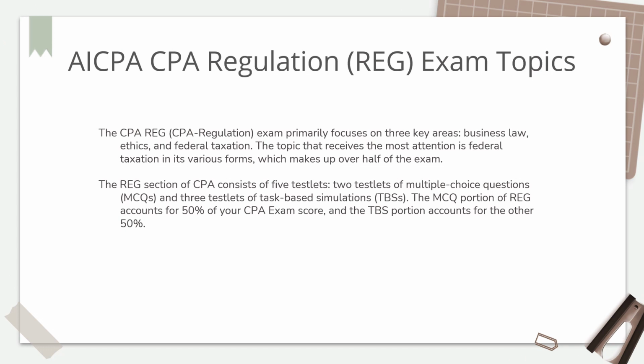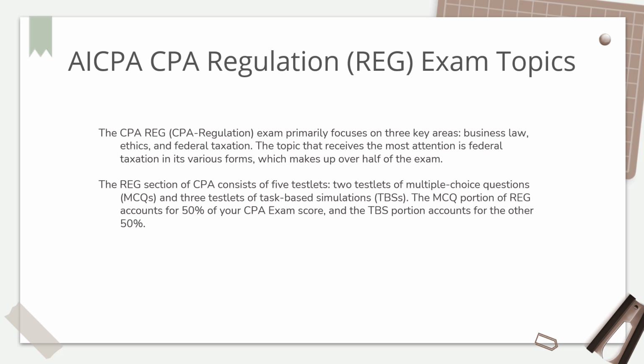The CPA-Regulation exam primarily focuses on 3 key areas: business law, ethics, and federal taxation. The topic that receives the most attention is federal taxation in its various forms, which makes up over half of the exam.